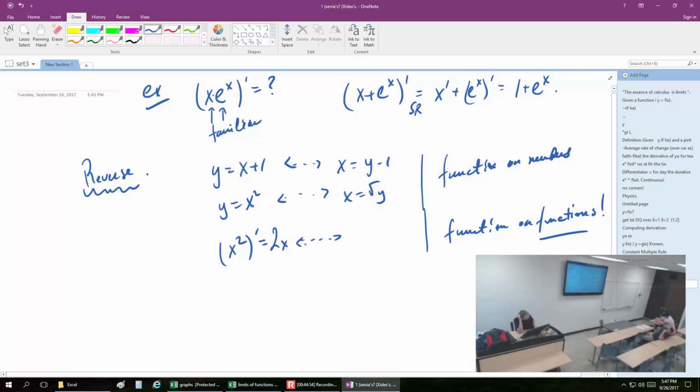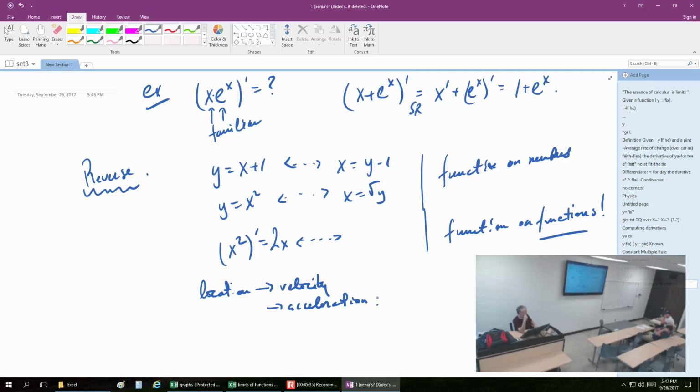Why do we care about reverse? Think motion. This one is location. You differentiate, you have velocity. You differentiate one more time, and you have acceleration. But you realize that in studying motion, the exact opposite situation is more common. You know the acceleration, because acceleration comes from force. You know the physics arrangement of things, either gravitation this way, or the sun pulling the Earth towards itself.